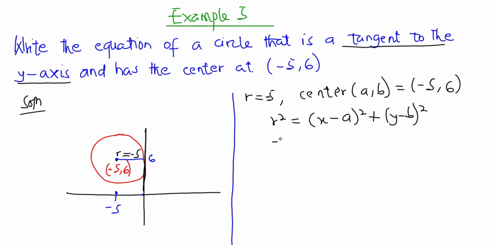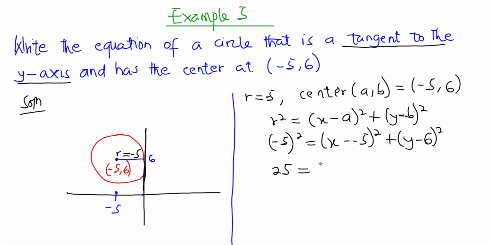So we have 5 squared, which is equal to (x minus -5) squared plus (y minus 6) squared. And by continuing, 5 squared gives us 25, which is equal to (x plus 5) squared plus (y minus 6) squared.